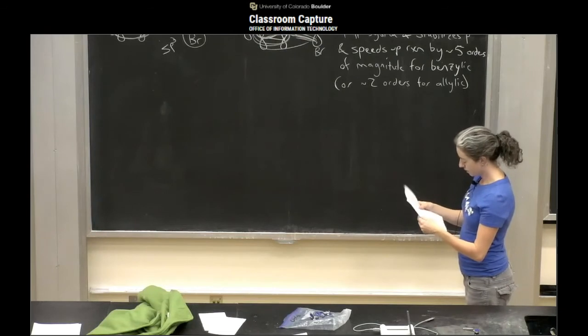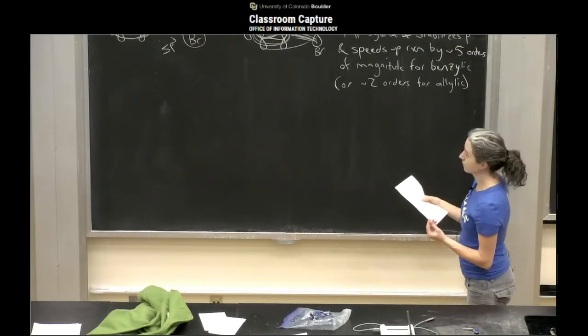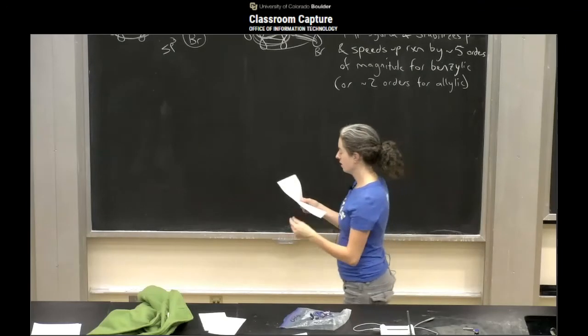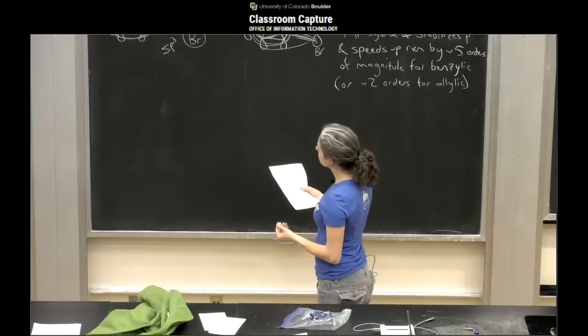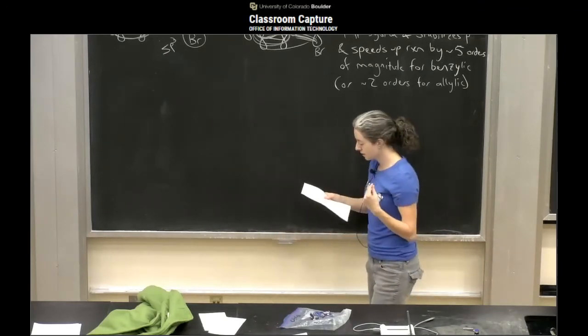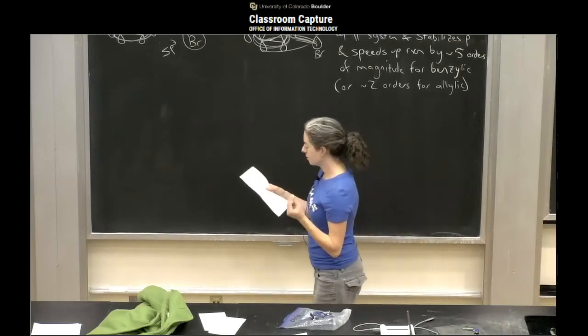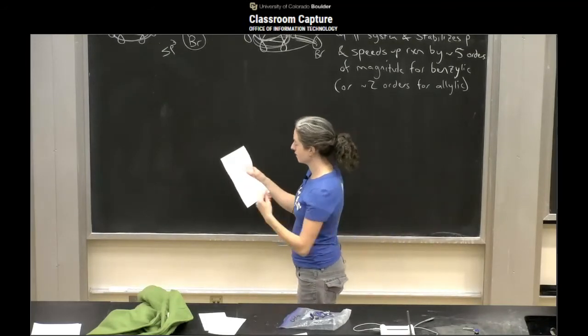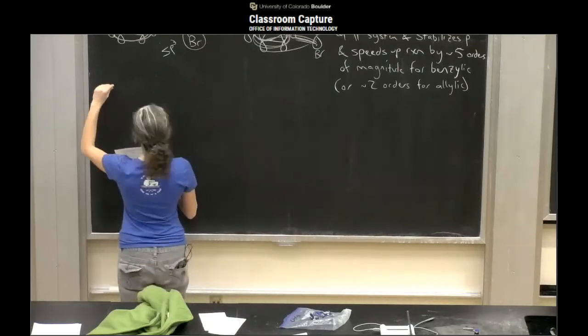All right, so the last reactions that we're going to cover in this chapter are actually more similar to stuff that we saw in the alcohols chapter with oxidations, but we're going to see again some specific stuff that's useful for allylic and benzylic.